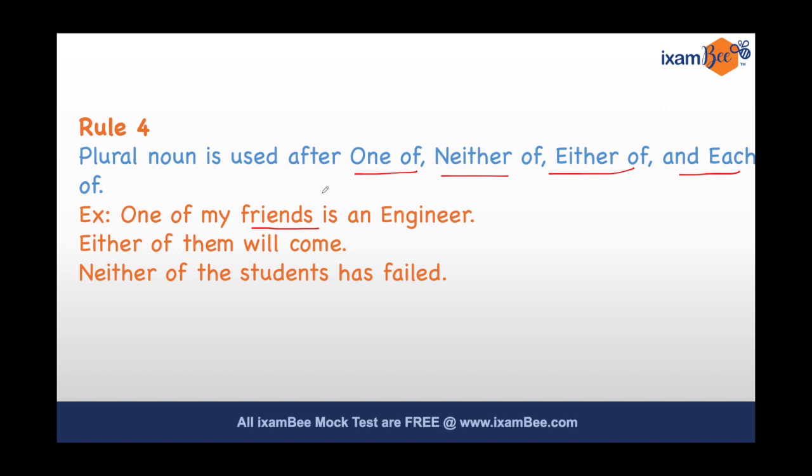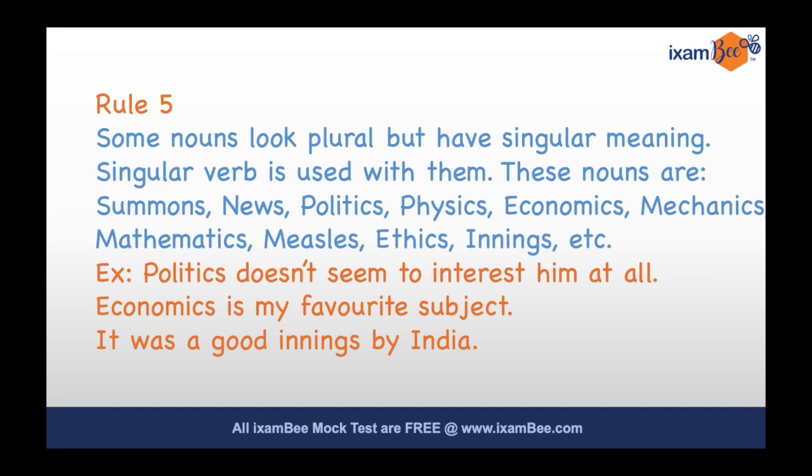If you write friend, it is grammatically incorrect. Or either of them. Anything apart from them will make it grammatically incorrect. Neither of the students. See, we are using the plural noun when we are using neither of, either of, or one of.